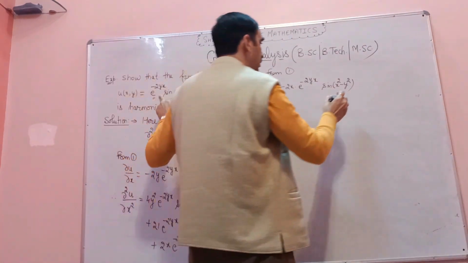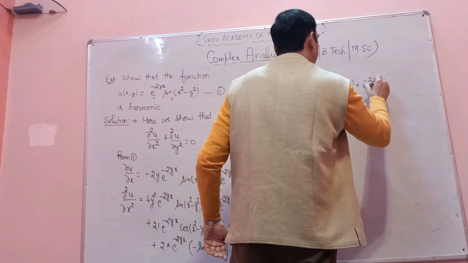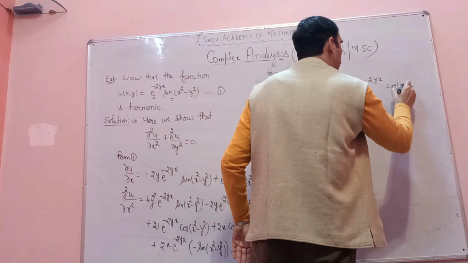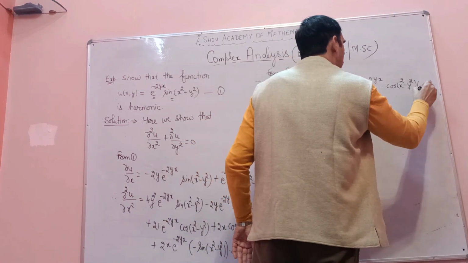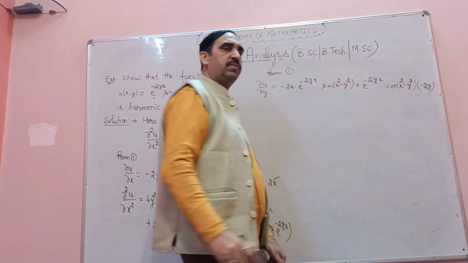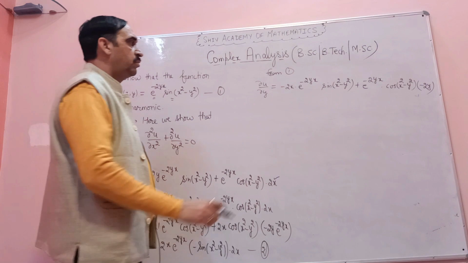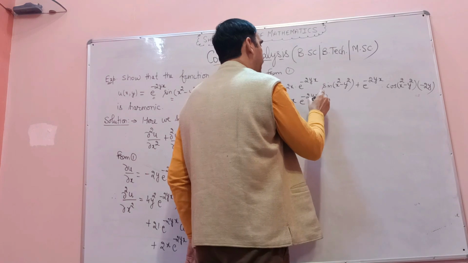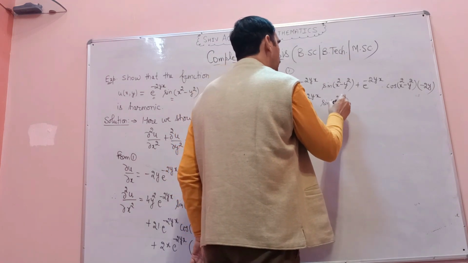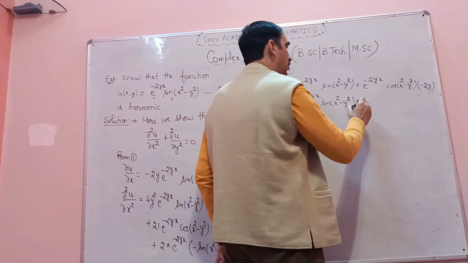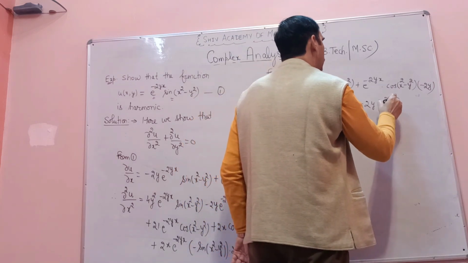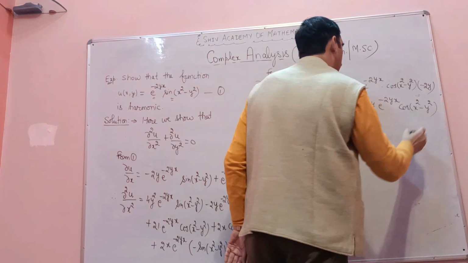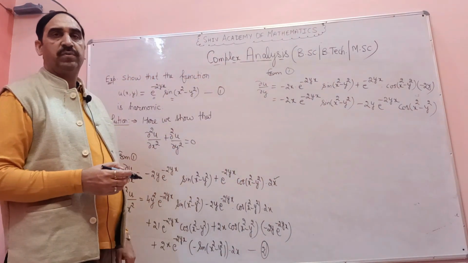Now this term as it is e to the power minus 2yx, and the derivative of sine, that is cos of x square minus y square, and the derivative of x square minus y square with respect to y is minus 2y. So basically it is minus 2x e to the power minus 2yx sine of x square minus y square minus 2y e to the power minus 2yx cos of x square minus y square. So this is ∂u/∂y.